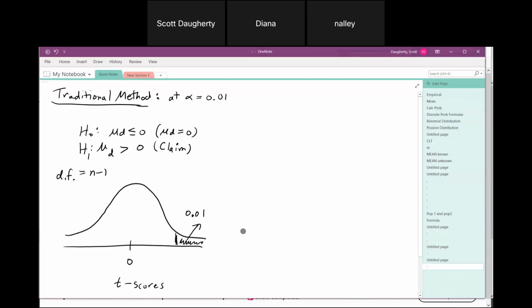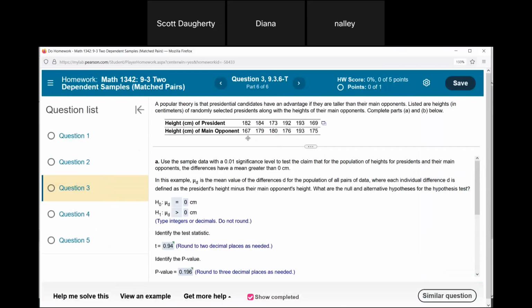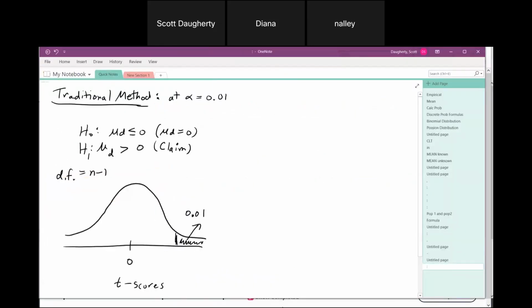Okay, so let's look this up. In our case, the sample size is the number of matched pairs that you have. So again, we have 1, 2, 3, 4, 5, 6 matched pairs. So that's our sample size. So our degree of freedom would be 5, 1 less than the sample size. Okay, so I'm going to look this up on a t table.